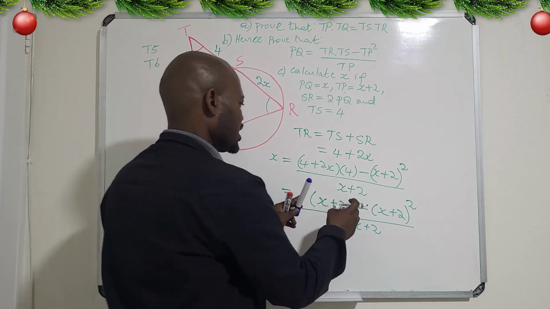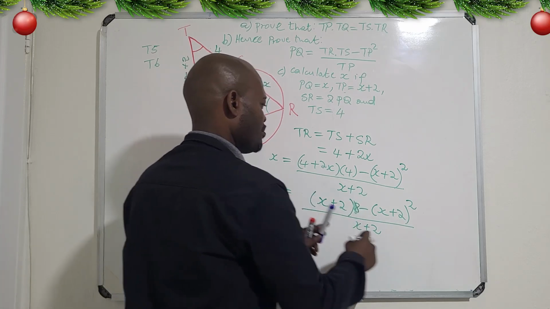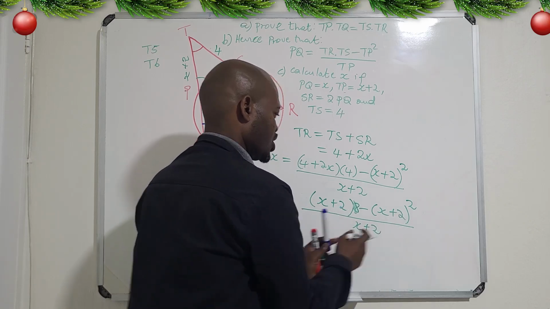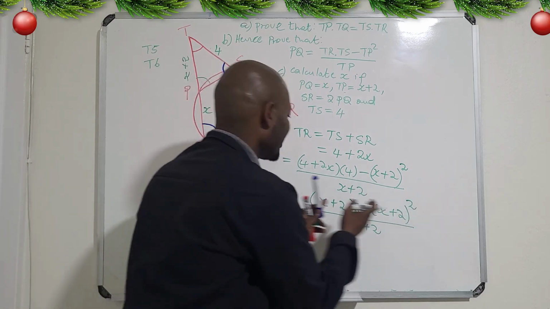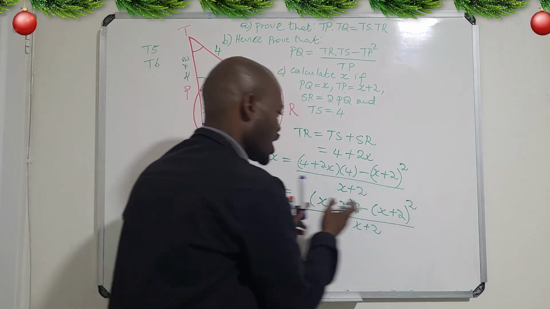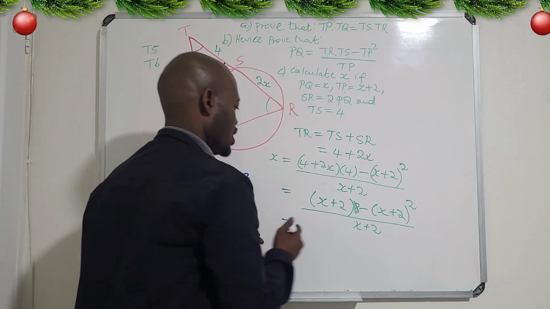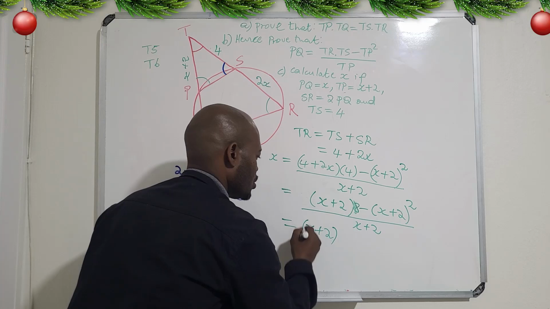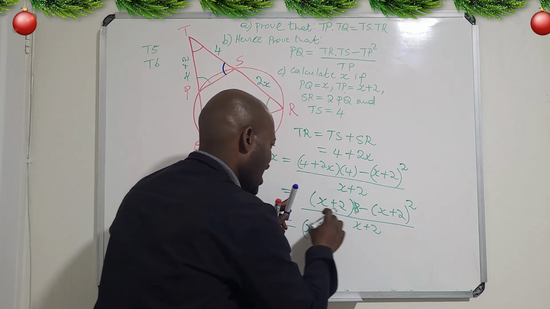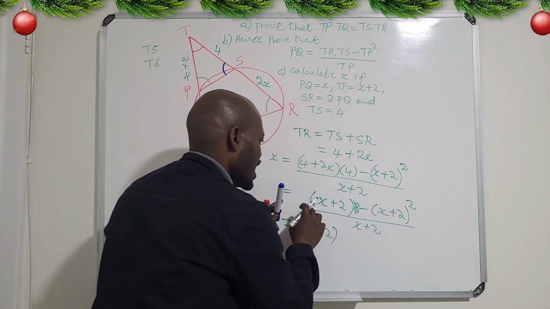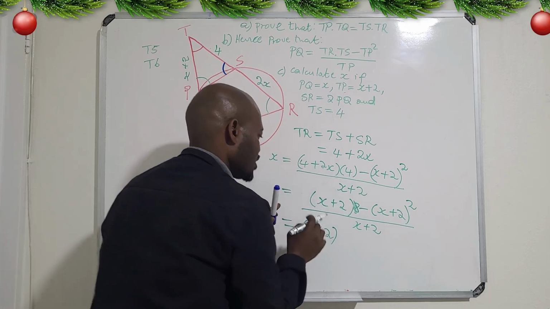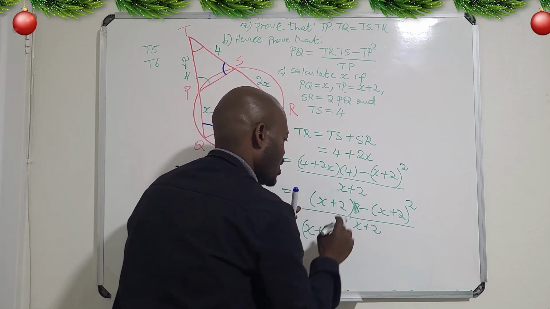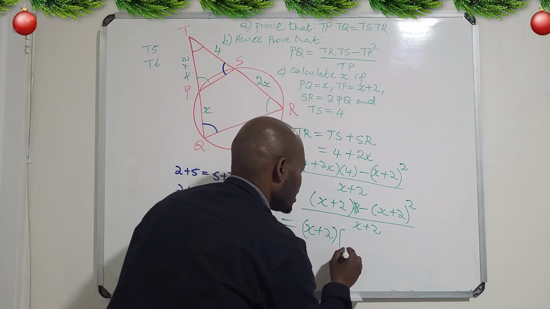Now, since there's x plus 2 in this term, x plus 2 in this term, and x plus 2 in the denominator, I can factorize, or I can take out x plus 2. In this term, what am I going to be left with?